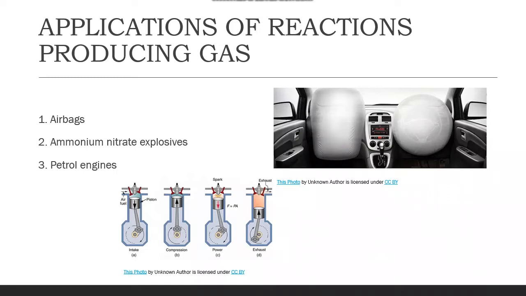And the last one, which you're all probably familiar with, is the petrol engine. In that case, there's a mixture of air and petrol vapor drawn into the cylinder of the engine.